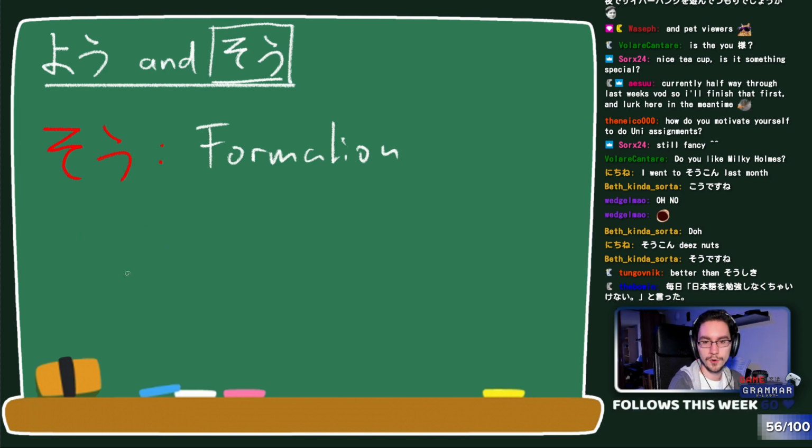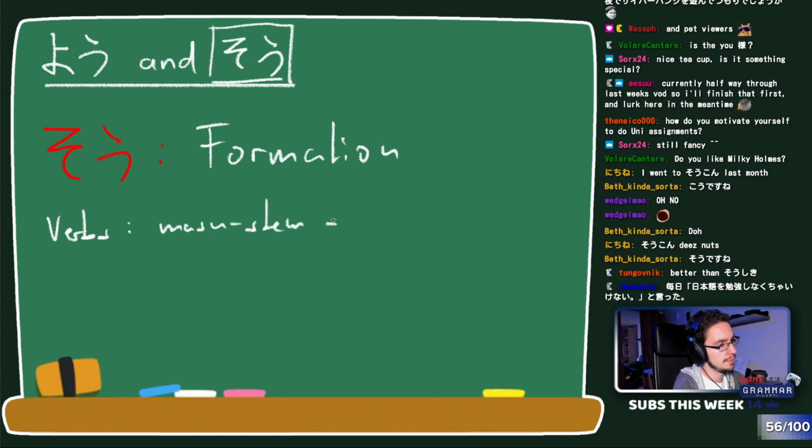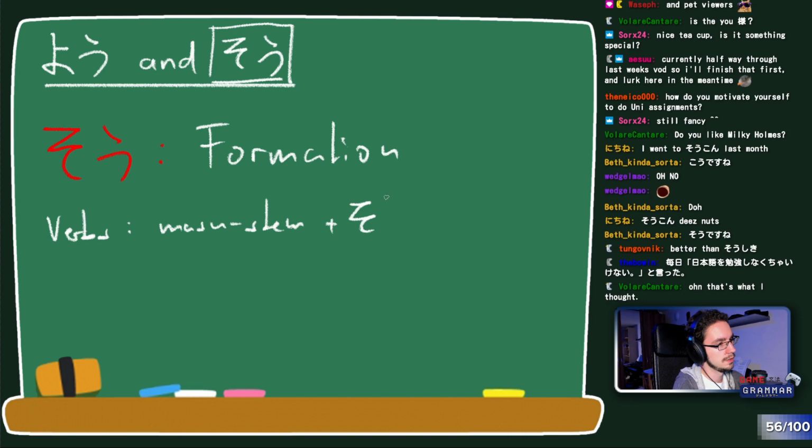Usually that's the three groups we're going to look at, because there's really not much else. There are verbs, adjectives, which break down into na and i, and then nouns, which are usually the same as non-adjectives. So basically, verbs. For verbs, you'll be looking at the masu stem plus so. Masu stem plus so.